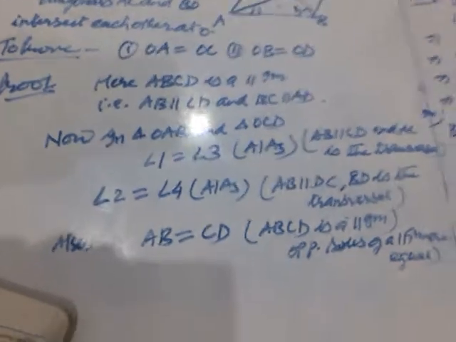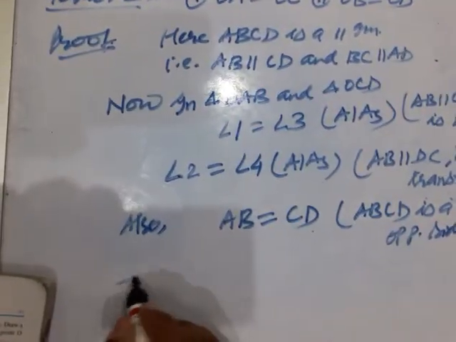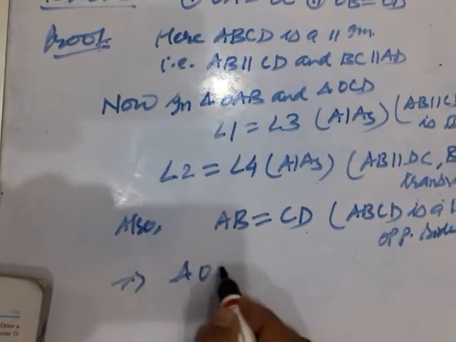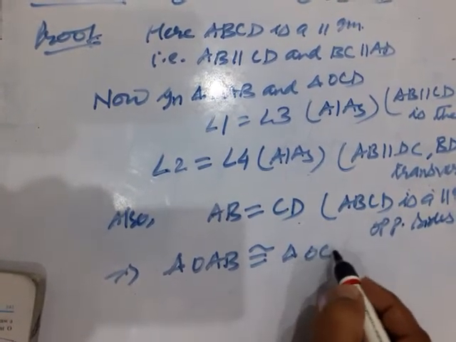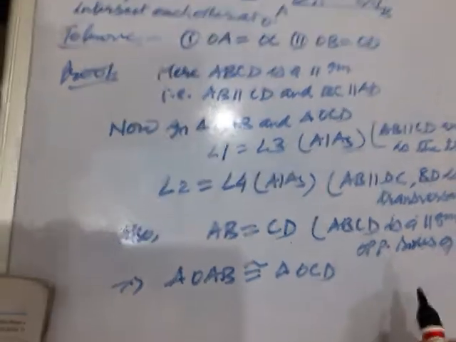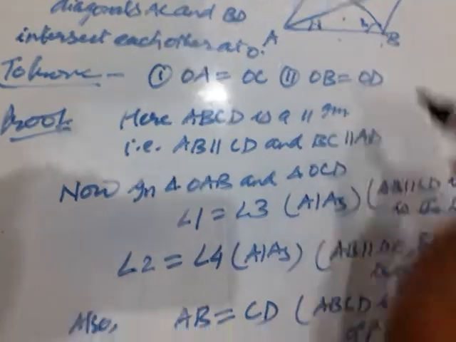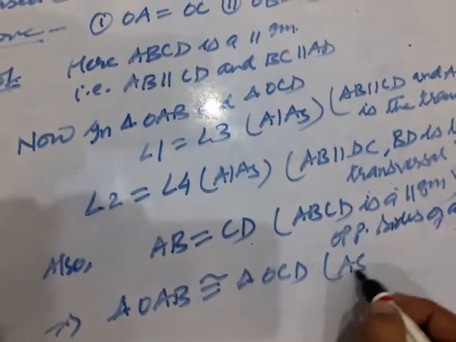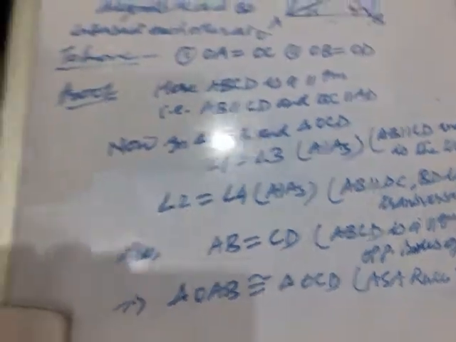Okay, children. So what congruence rule have we applied? This implies that triangle OAB is congruent to triangle OCD, by ASA rule. What is this rule known as? ASA rule.